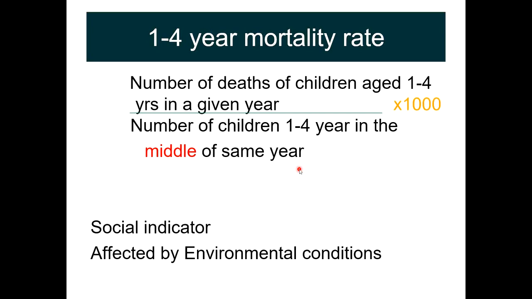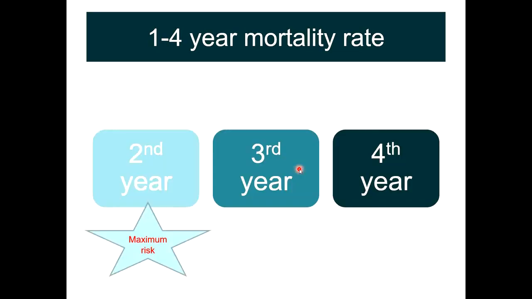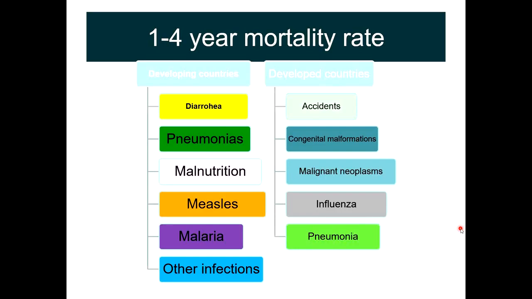So after this, 1 to 4 year mortality rate can be calculated, and you can calculate under 5 mortality rate as well. And you can see that when you calculate the 1 to 4 year mortality rate, second year mortality is maximum, and as the age advances, the mortality pattern decreases.